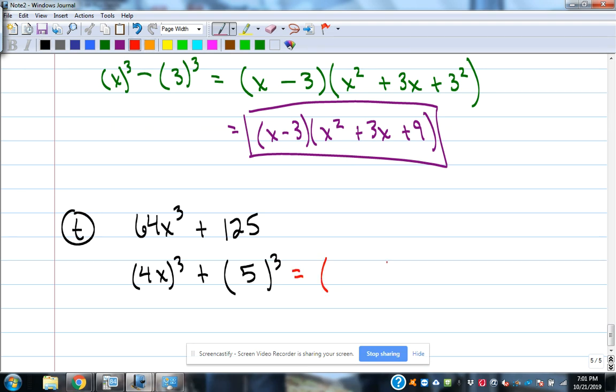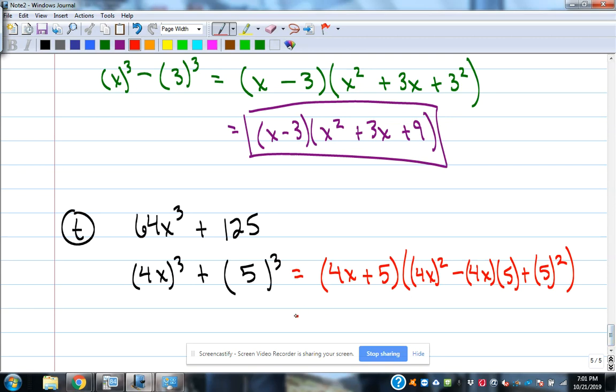This one's a little tougher when you get to the long factor, because I have to square 4x, and then I have to take 4x times 5 for the middle piece, and then I've got to square 5 for the last part. This one's a little tougher because of the extra numbers that are in there. But then all I have to do is simplify that.